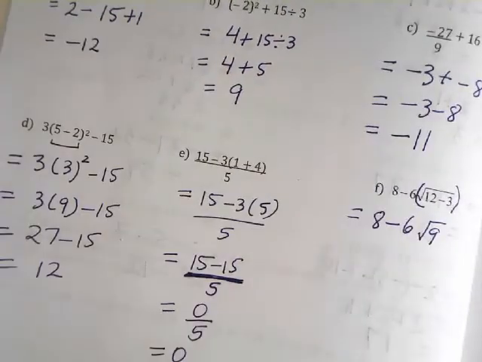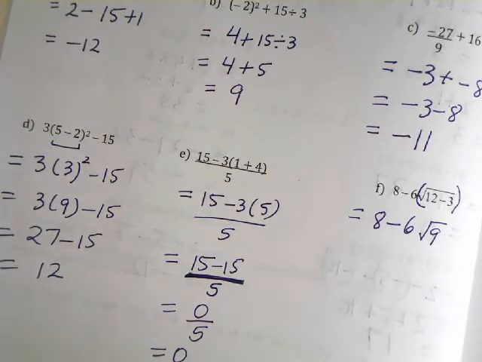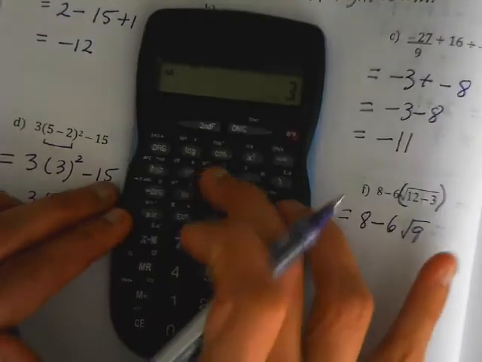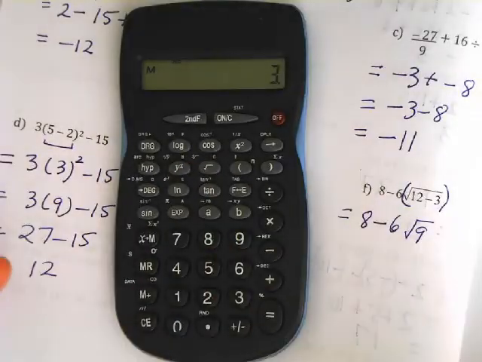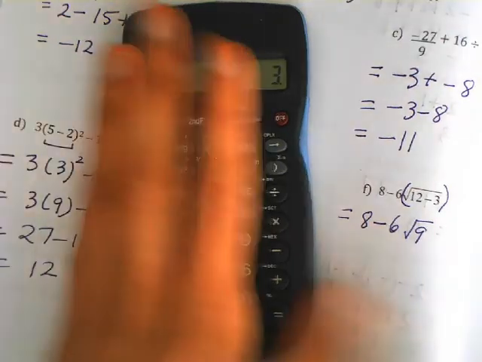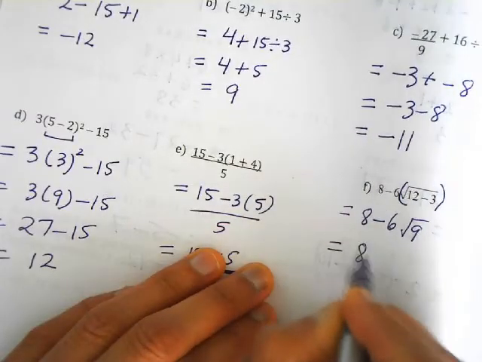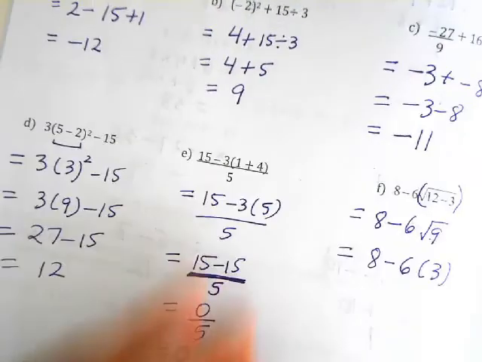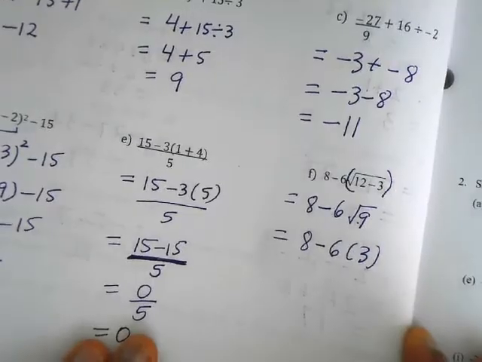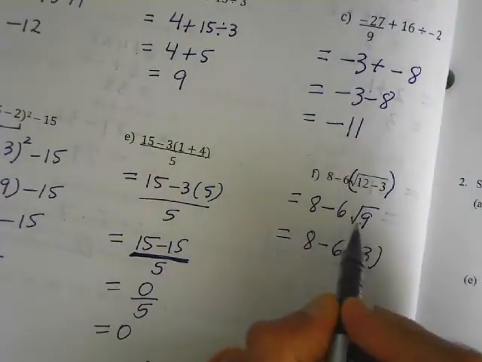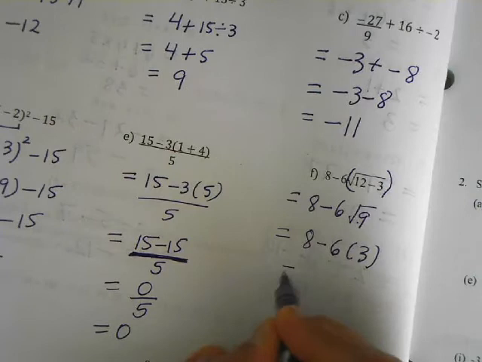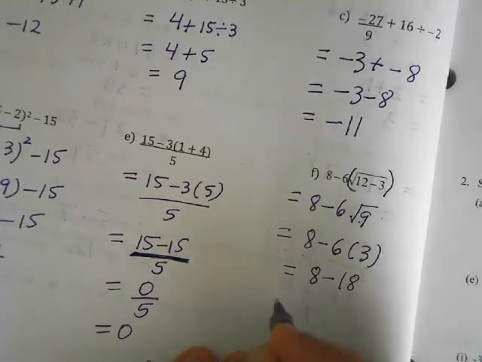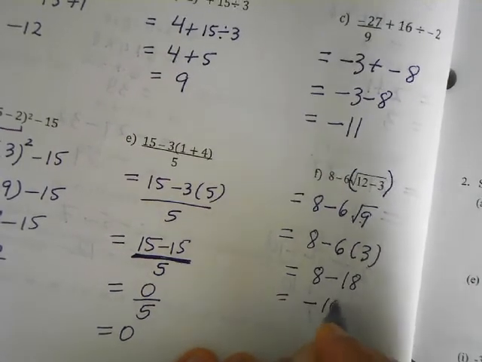And now what? I can use my calculator. I say 9 square root and I get 3. So use the square root button. And remember, when there is nothing between two numbers, it means multiplication. So you got 3 and you multiply with 6, and 6 times 3 is 18, and 8 minus 18 is negative 10.